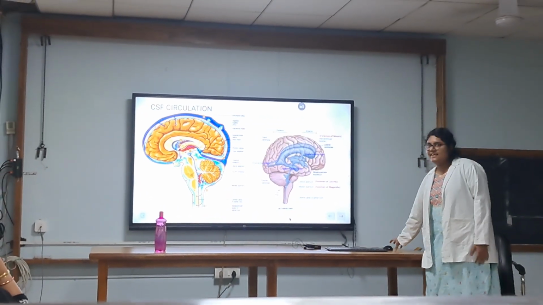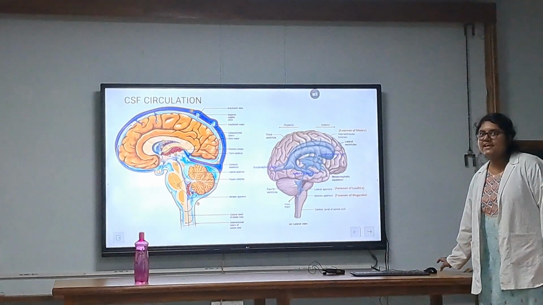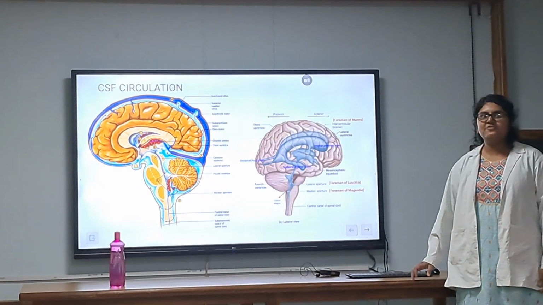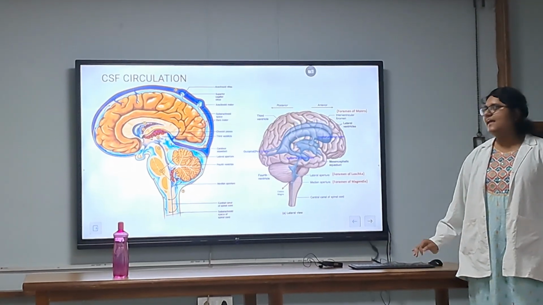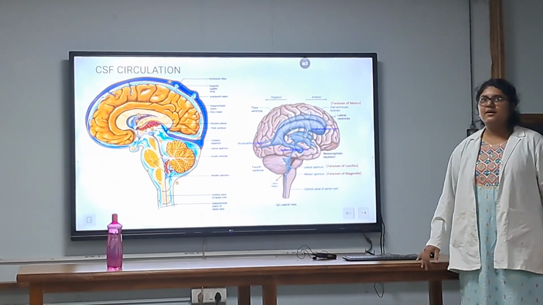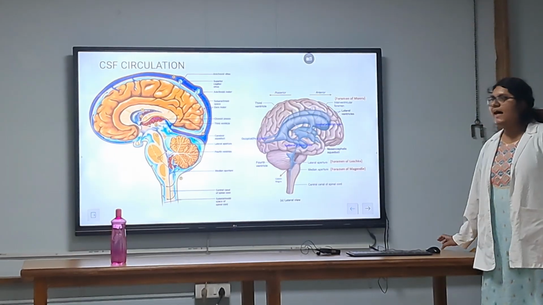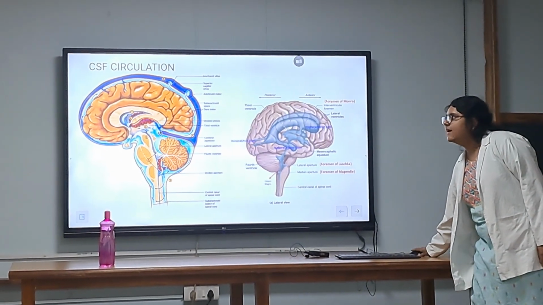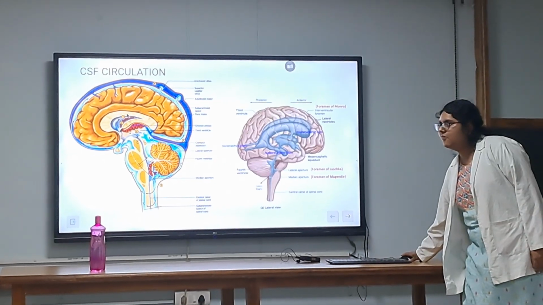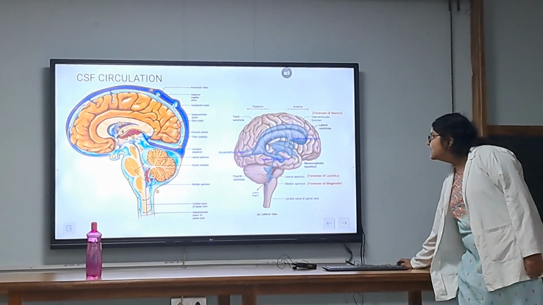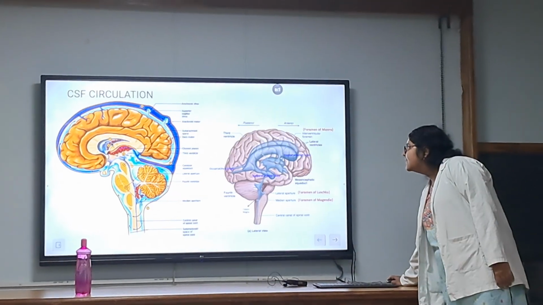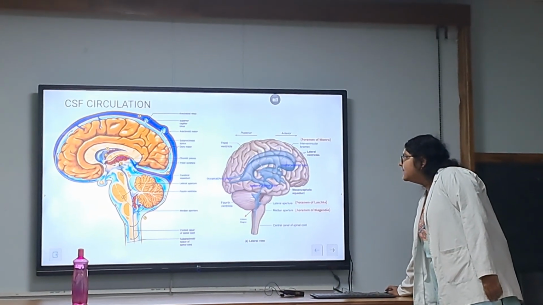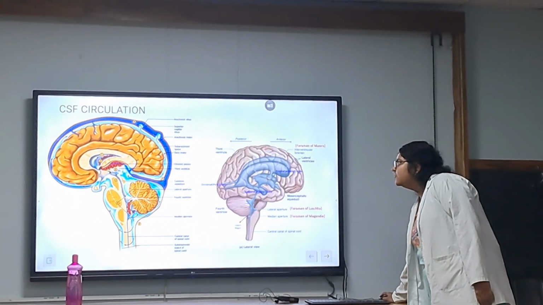Now, the CSF circulation occurs by virtue of the pressure gradient that extends between the ventricles and the venous sinuses. First, after formation of CSF in the lateral ventricles, it comes to the third ventricle through the foramen of Monro.